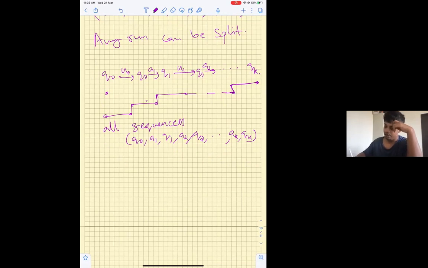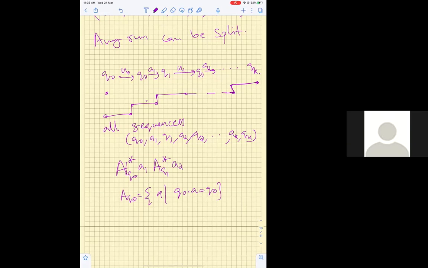So over all such sequences, you make a Q0 star A1, a Q1 star. So a Q0 is all the letters such that Q0 dot A is equal to Q0. And determinism makes sure that A1 is not in AQ0.